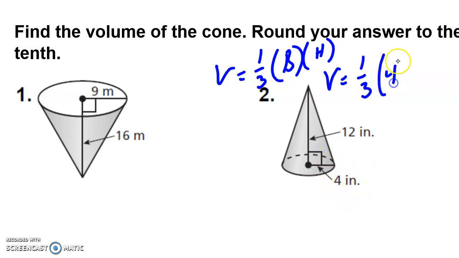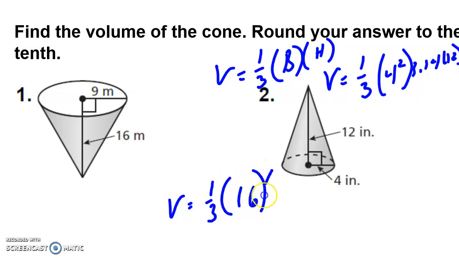So 4 squared multiplied by 3.14 and then multiplied by 12. So the volume equals a third of 16 times 3.14 times 12. Give you a second to pause this video and solve it yourself.